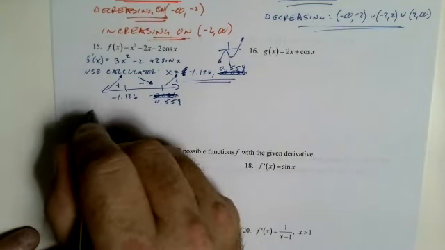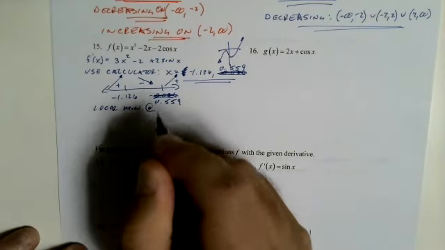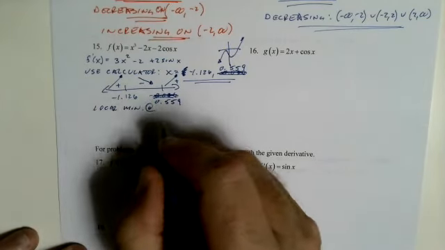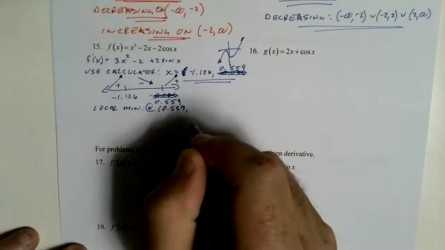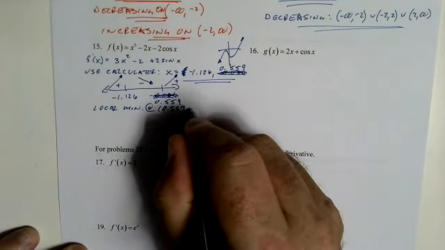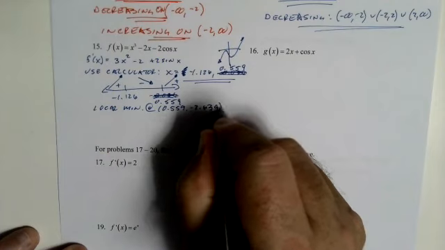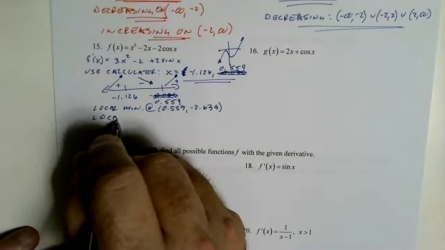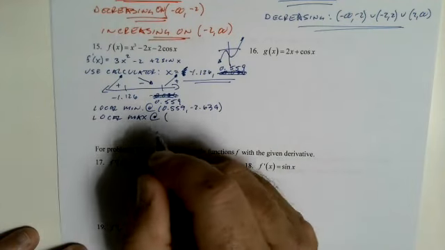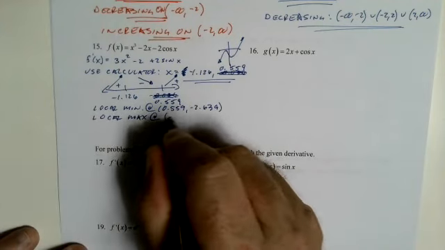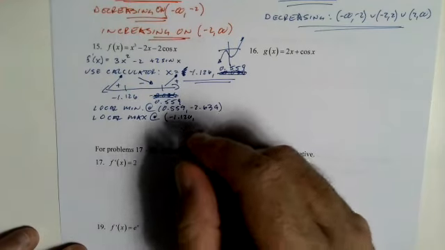All right, so we have a local min at 0.559, negative 2.369, 639. Local max at negative 1.126, comma, negative 0.036.